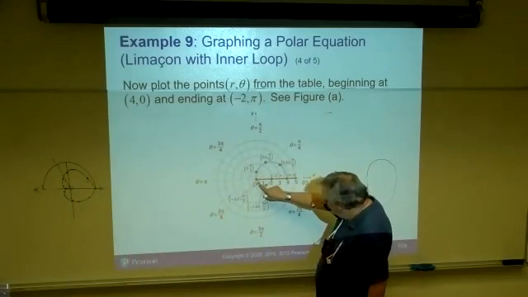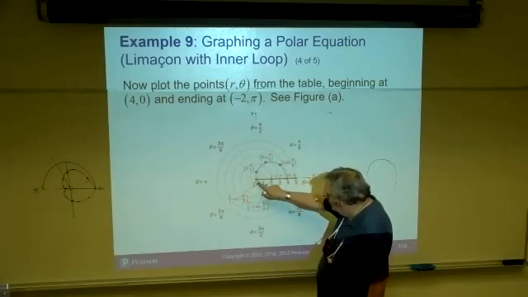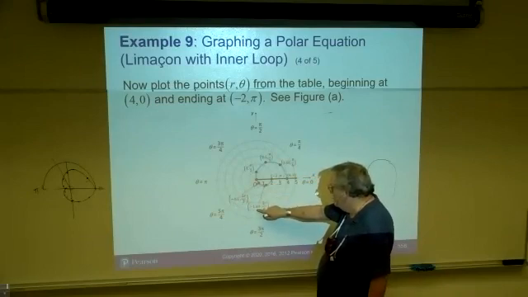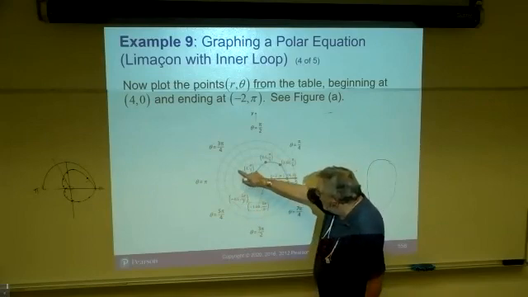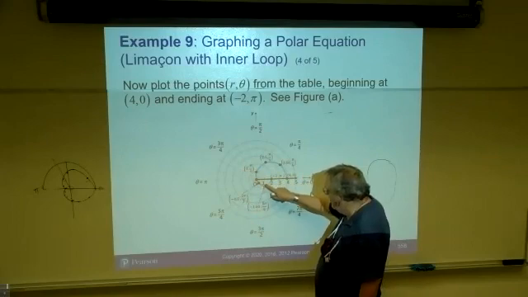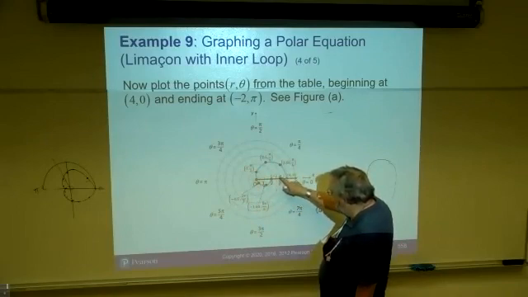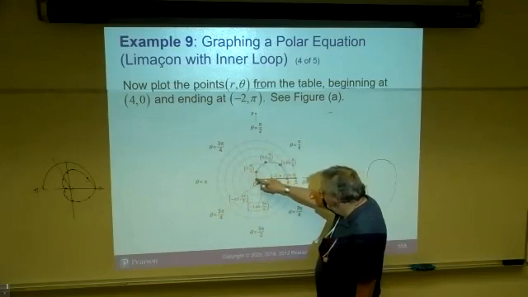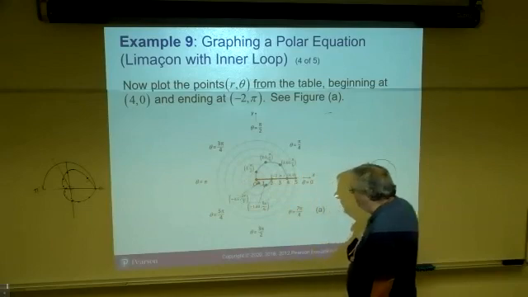So this point is the negative 0.5, 2 pi over 3. And this point is the negative 1.6, 5 pi over 6. So it winds up going the opposite direction of that ray down to here. And this one wound up being negative 2 pi. So instead of going out 2 units in the pi direction, we come back in the 0 direction.